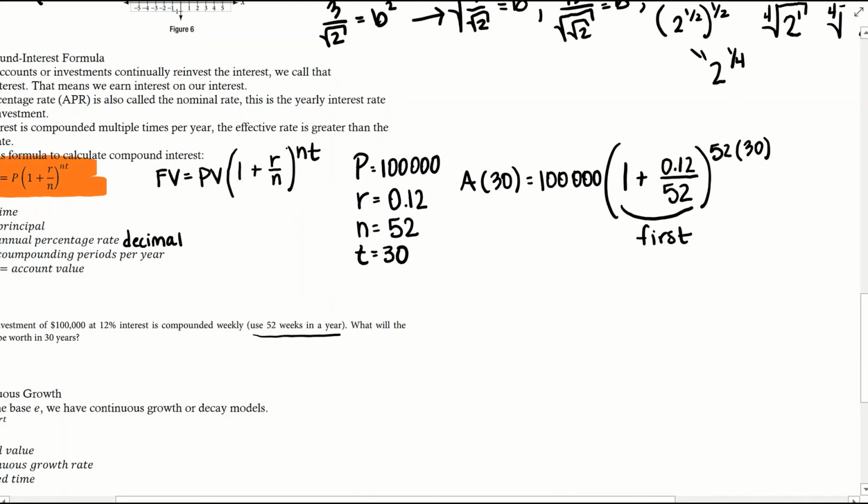And then I'm going to say that will be to the power of 52 times 30, times 100,000.